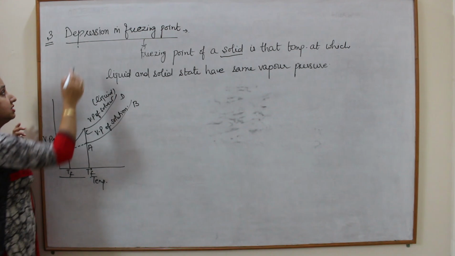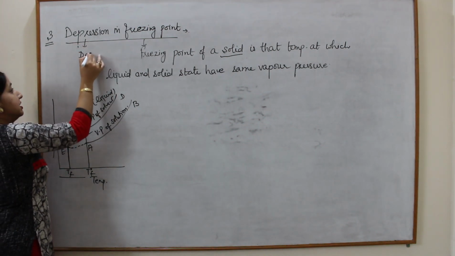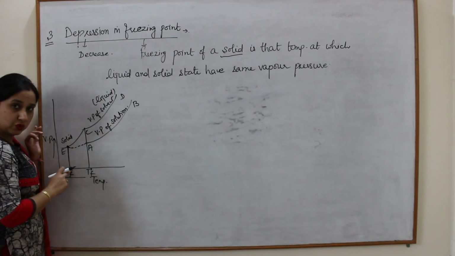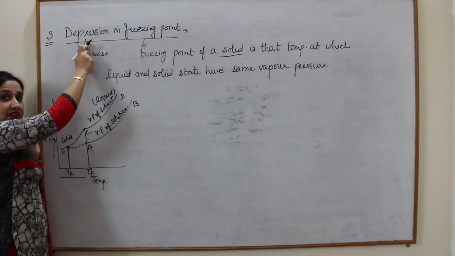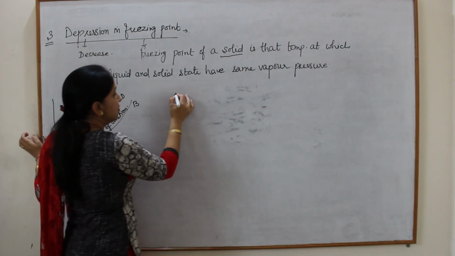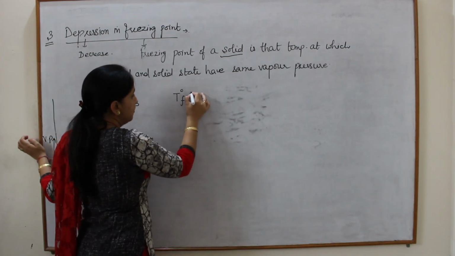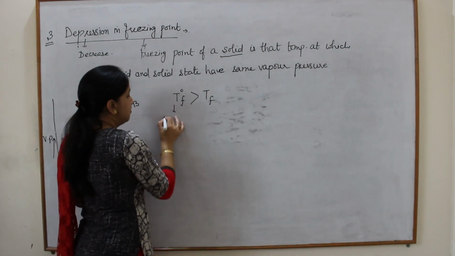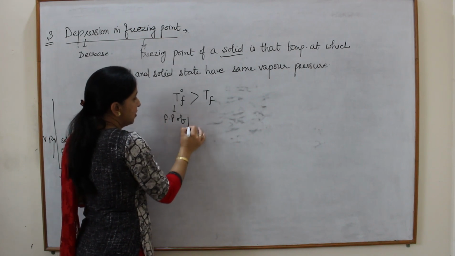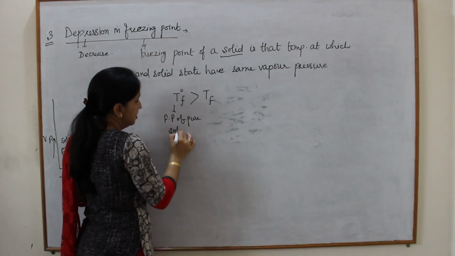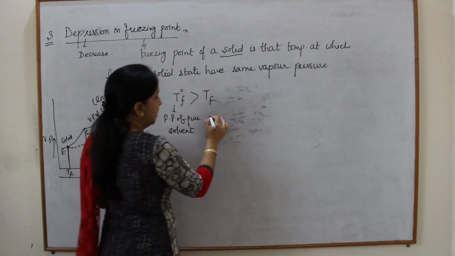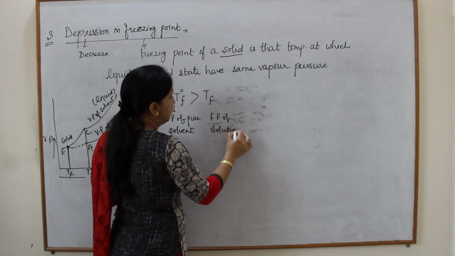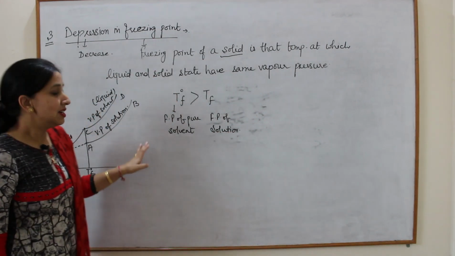Elevation means increase and depression means decrease. So because the freezing point of solution gets lowered, so this is called depression in freezing point. So we can say T naught F is greater than TF. This T naught F means freezing point of pure solvent, and TF means freezing point of solution. Which solution? Which contains non-volatile solute.